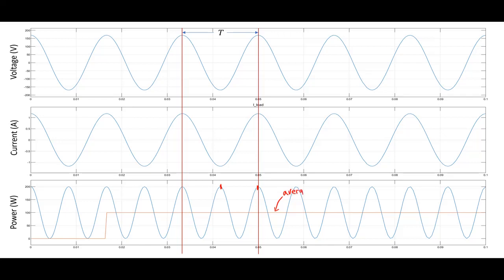This is the average of P of t. And I see that that average value looks like it's at about 100 watts. So what's happening is I have this sort of variation around an average value. And that average value works out to be 100 watts for this 100-watt light bulb.